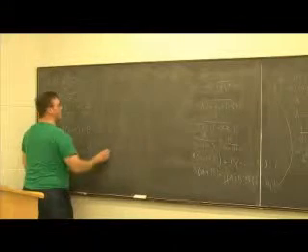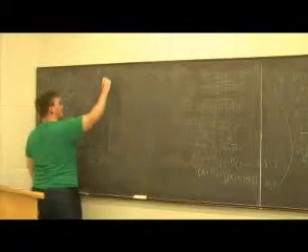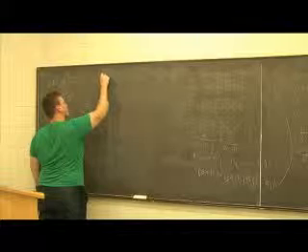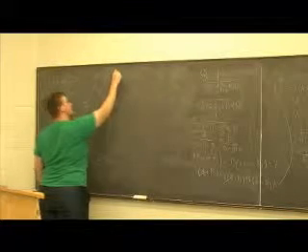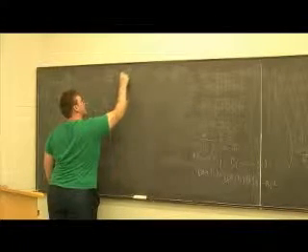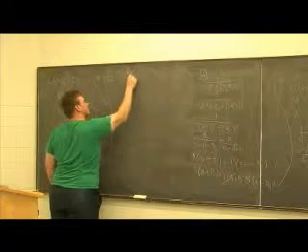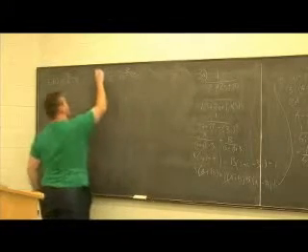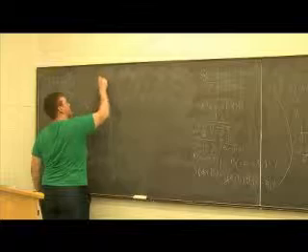So this leaves us with the following fractions: 1 over s plus 2 minus 2 over s plus 2 squared. Now we'll do the Laplace transform.